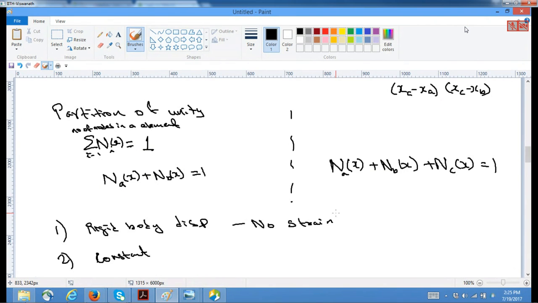The second one should be constant strain. If I fix it at one point and then displace the other end, we have a relative displacement of one end compared to the other, and that would give me a constant strain, and then you will have linear, quadratic and higher order terms.